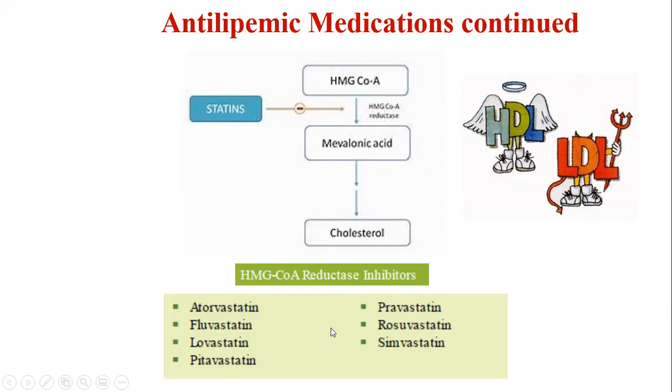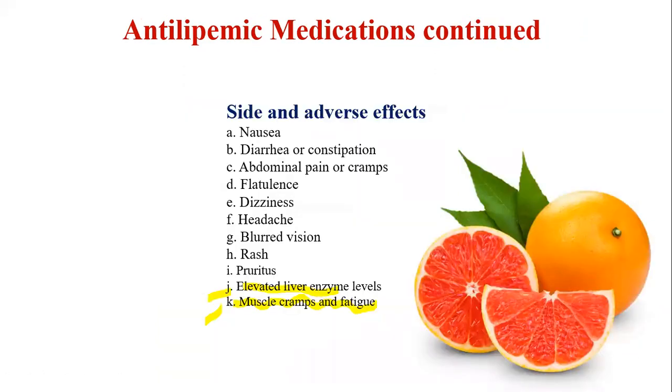This group is contraindicated in pregnancy, and it is good not to give statin with grapefruit juice. So it is good to avoid grapefruit juice with statin. And also it is good to give it in the evening because cholesterol formation occurs at night time.